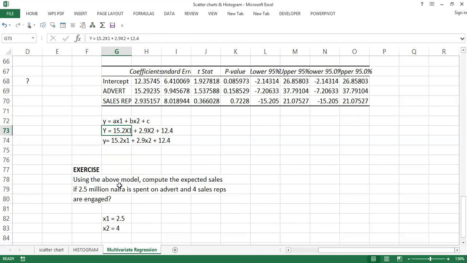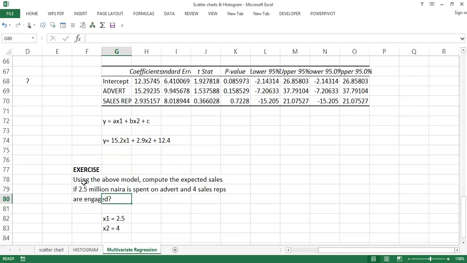So this is the model, right? Y equals 15.2X1 plus 2.9X2 plus 12.4. So that's the regression model.